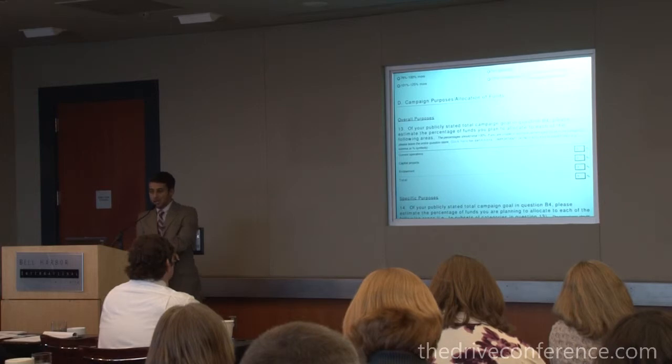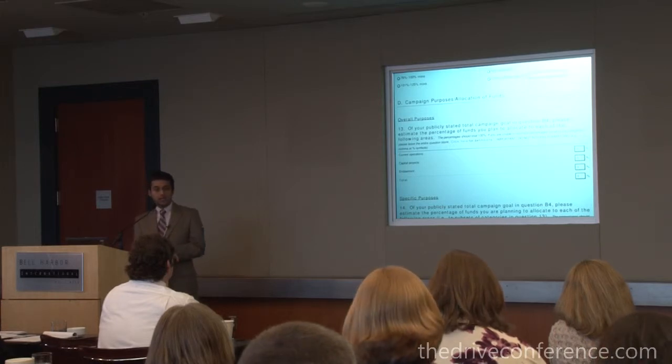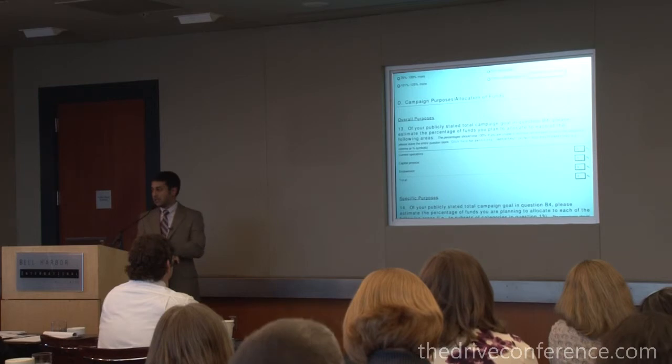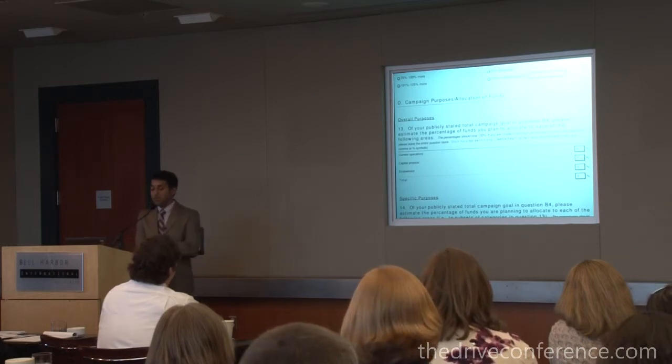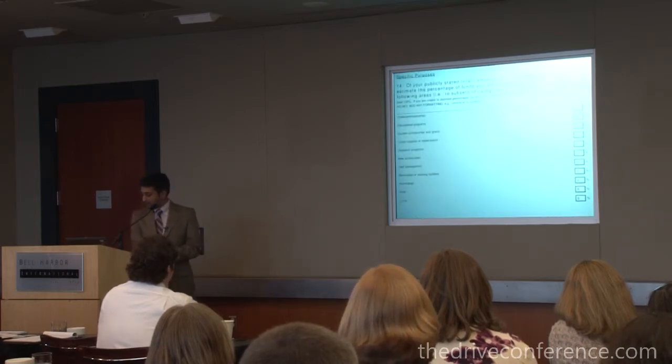And again, for external audiences, you would probably want to do a nice graph of this because that really is the goal of a campaign, fundraising for each of these areas that are distinctly different in terms of how you use the dollars.